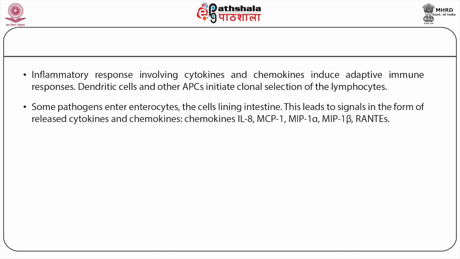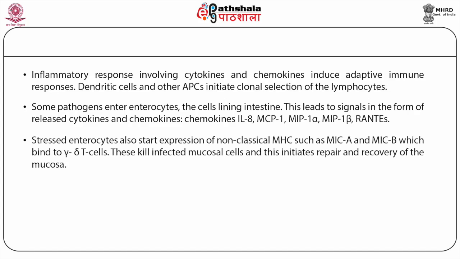Some pathogens enter enterocytes, the cells lining the intestine. This leads to signals in the form of released cytokines and chemokines. Stressed enterocytes also start expression of non-classical MHC such as MICA and MICB, which bind to gamma delta T cells. These cells kill infected mucosal cells, and this initiates repair and recovery of the mucosa.